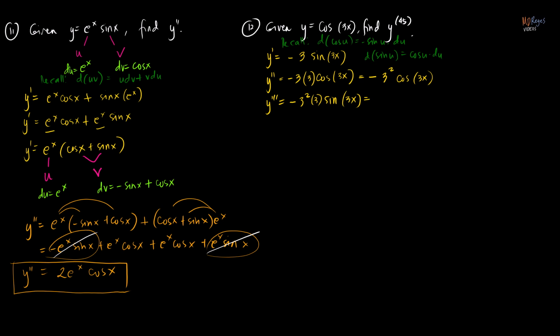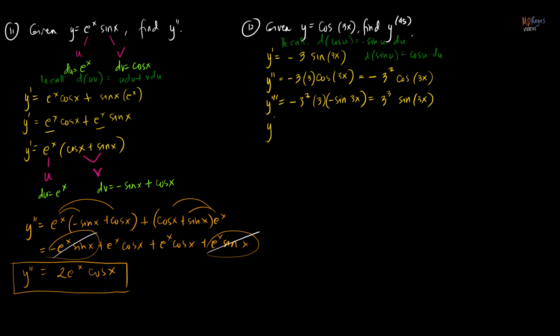Nope, we missed the negative sign. The derivative of cosine of 3x is negative sine of 3x times 3. Okay, so if we simplify this, we have here a negative 1 times another negative 1, so we'll have a positive. This time we have 3 squared times 3, so it's 3 cubed sine of 3x.